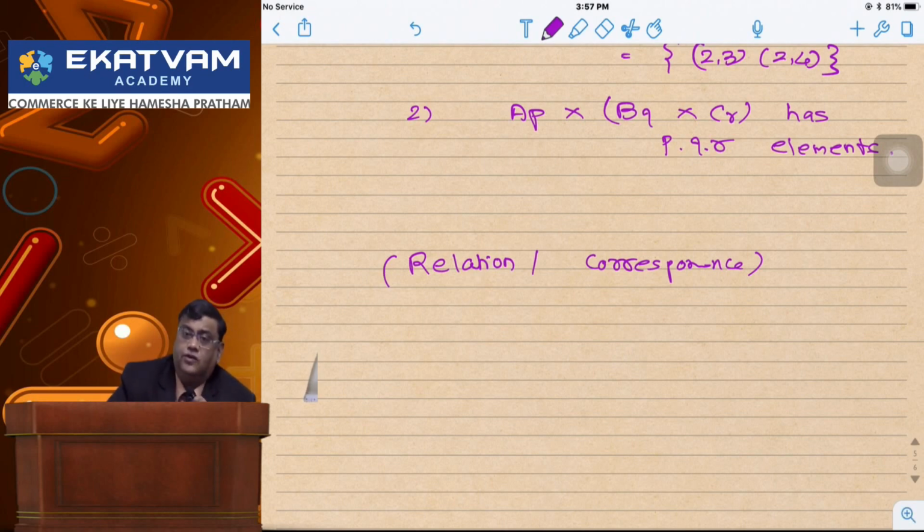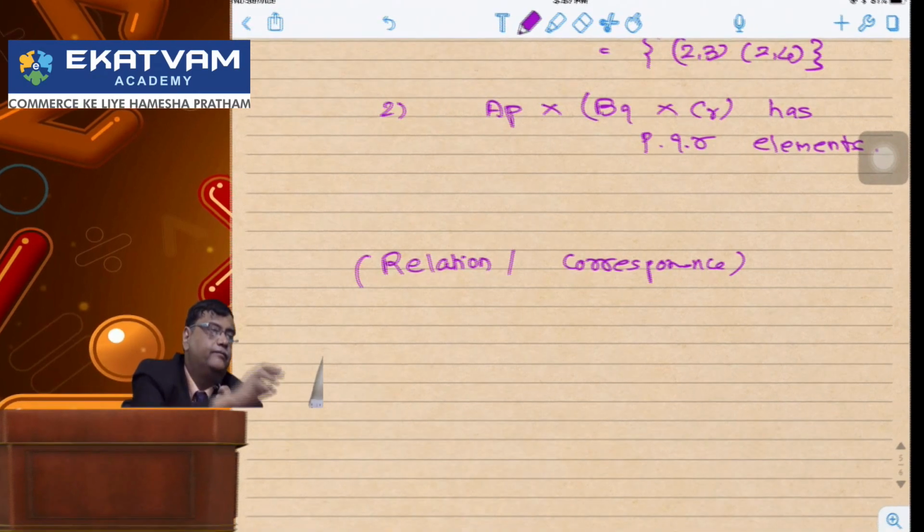Now nobody will ask you the definitions out here, but you just have to understand few things. Very, very important they are. Tell me, what do you mean by relation or correspondence? Relation or correspondence is the subset of the Cartesian product. And it contains those pairs in which the first values x and second values y satisfy the given equation, the given relation.